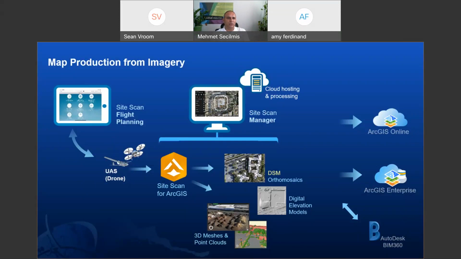You turn it into 2D and 3D products, and then you publish it for easy sharing to either ArcGIS Online or ArcGIS Enterprise, and you can also share data with Autodesk BIM 360. So it is a simple process now. It was not like that before.